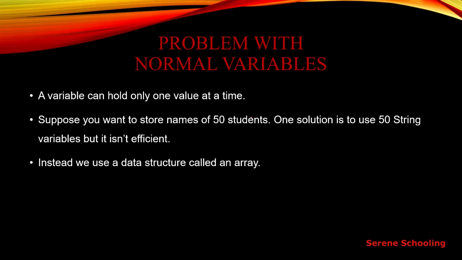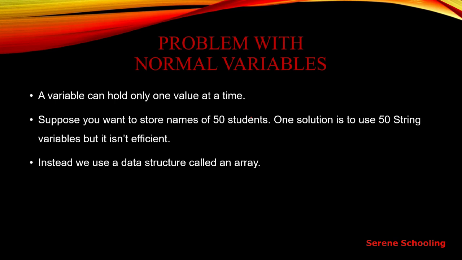You will have to write a lot of lines of code to store values, and similarly, to print them, you have to write a very lengthy print statement, or print all those values one by one, line by line. This is a problem with normal variables.